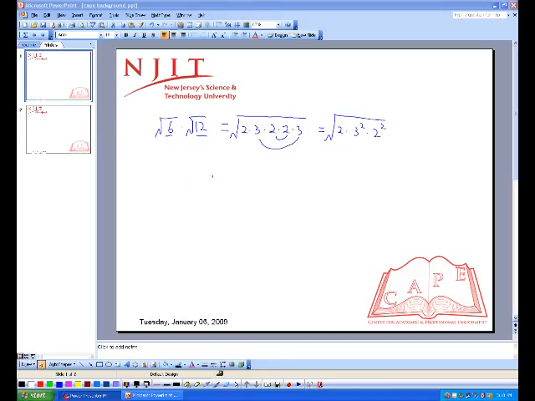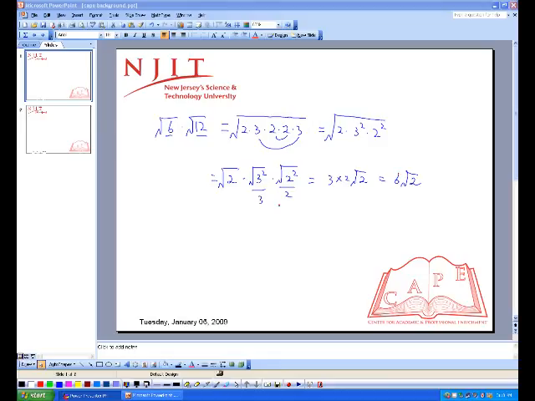And if we use the identity we just learned, this can be written as square root of 2 multiplied by square root of 3 squared multiplied by square root of 2 squared. And guess what? This is going to become 3. This is going to become 2. So the answer will be 3 times 2 times square root of 2, which is going to be 6 times square root of 2. Okay?